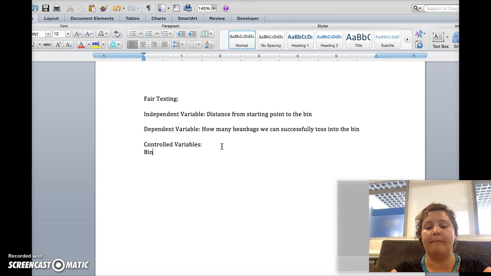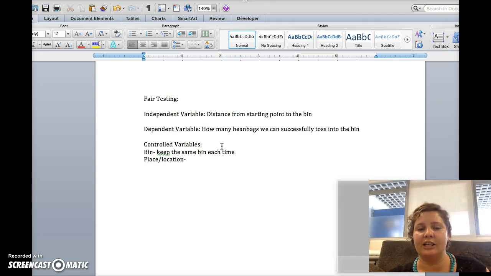So we need to control the bin. We need to keep the same bin each time. Okay, also the place or the location of where you do this. Because if you were to change the location each time, who knows if that's a factor, okay? So the place or location, keep it the same.